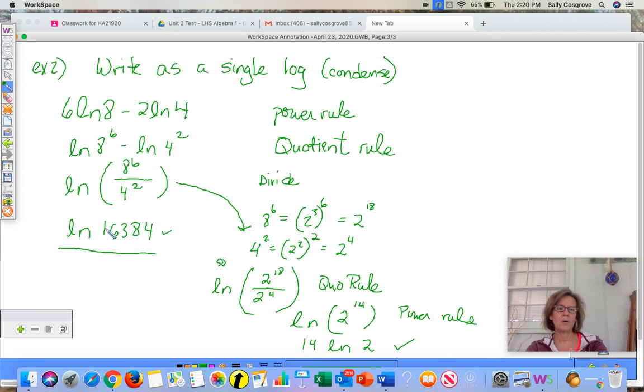And so you're like, do I do it this way or this way? Well, if you got this answer and you looked it up in the back of the book and it had this, you'd be like, what the heck? I have no idea. So I just want you to see both ways. I'm not trying to add to the confusion, I promise.